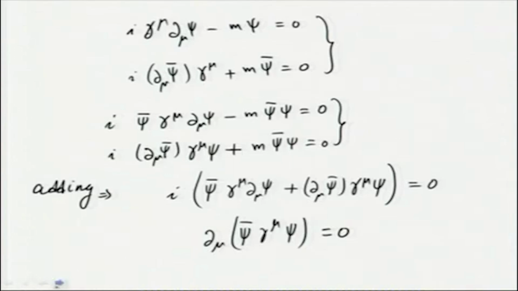So, we will define j mu as minus e psi bar gamma mu psi, and it is divergenceless, or the divergence of j mu is equal to 0.